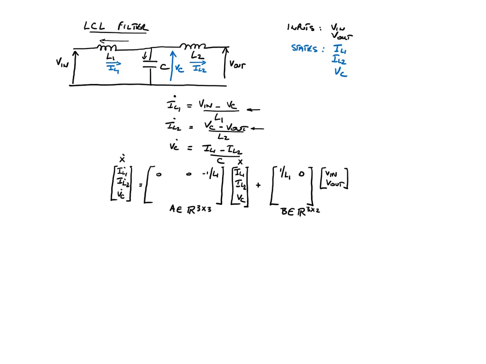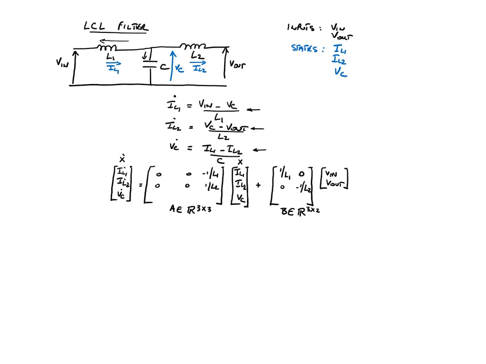Again, it only depends on the state Vc, so we have minus 1 over L2, and it depends on the output voltage, so we'll have 0, minus 1 over L2, and here it was a plus. Let us now look at the third equation.